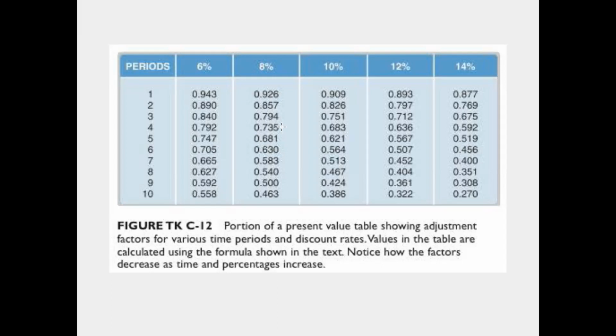Right. Now, let's look at this table. We have various periods. We have different discounted values. And then we can see the factors depend on the time and the percentage increases.